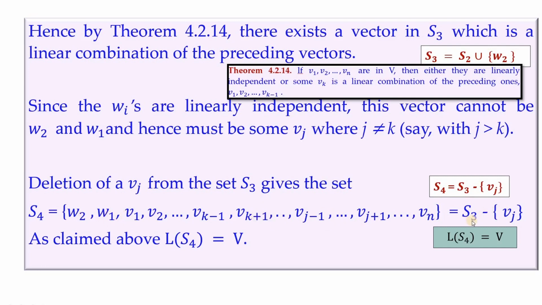This one has come from S3, and from that Vj is deleted. So that's why we have this. And as we proved earlier, we can show that L of S4 is also V. We proved L of S2 equals V, and in the same way we can prove that L of S4 is V.